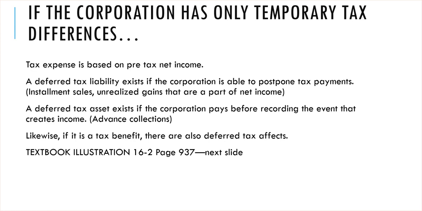So what I'm saying here then is tax expense is based on pre-tax accounting income only when you have just temporary tax differences. When you start getting into a situation where you have the permanent differences, like we're going to be doing with one of our problems, it's not going to work for you. So you're better off thinking of it as a plug number when you record tax expense.